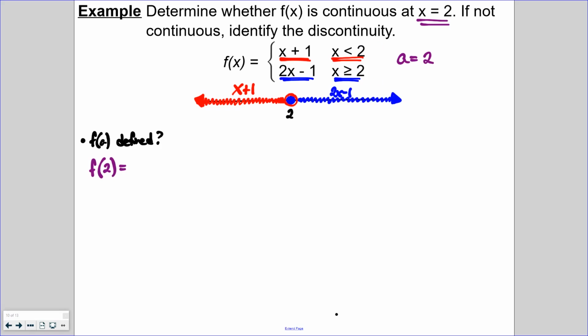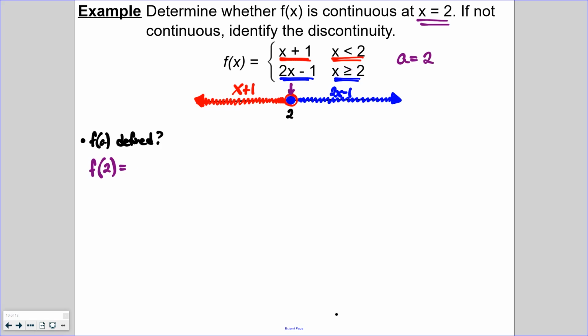Now we just need to figure out which piece of this function we're going to be substituting 2 into. So we have to determine which of these domains of the piecewise functions includes 2. And from the graph, we can see that 2 is included in the blue piece, or the 2x minus 1 piece. And we also know that from the equal sign of the inequality.